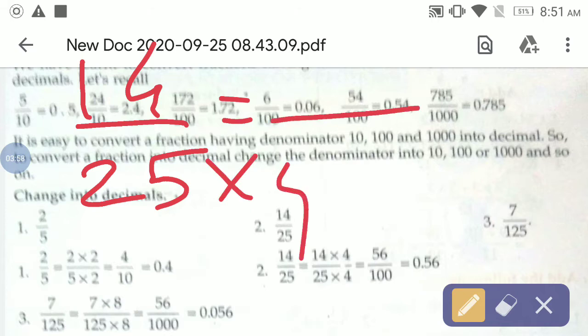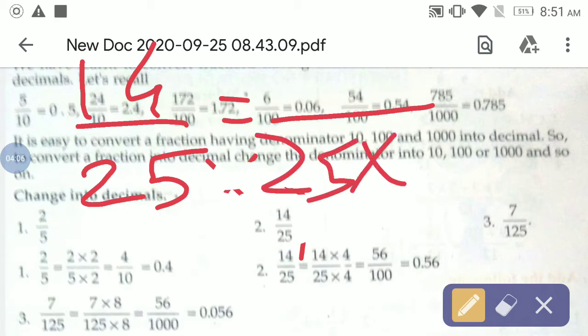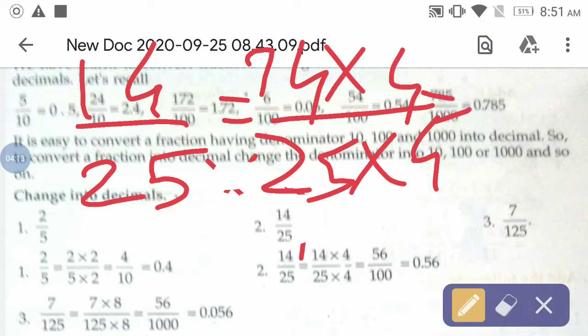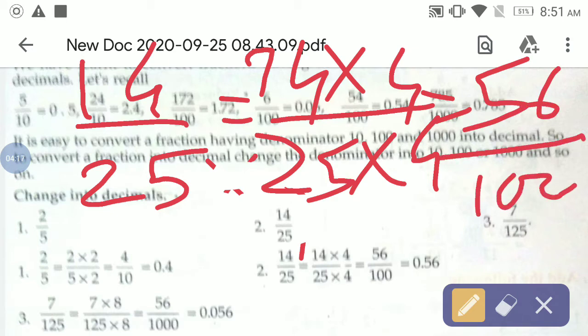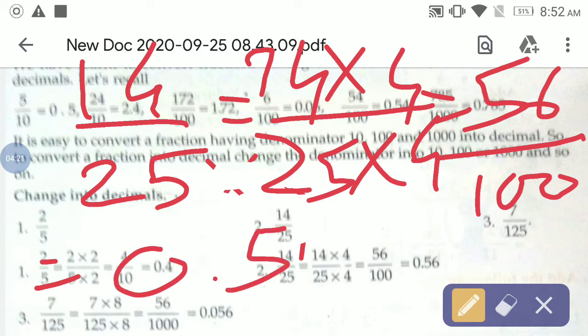So as we are multiplying the denominator by 4, you have to multiply the numerator also by 4, and then you are going to get 56 upon 100. So you will get the answer, that is 0.56.